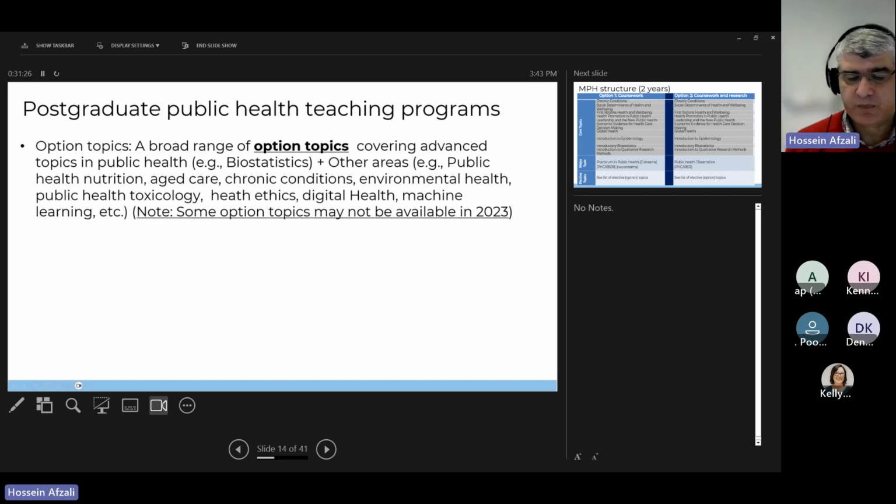Lots of practical examples about how to develop apps, and especially how to use apps in order to inform clinical practice or how to monitor health status. So it's a really good option topic. And we have a couple of more advanced topics like machine learning, again, for those who are interested in advanced biostat and data analysis.